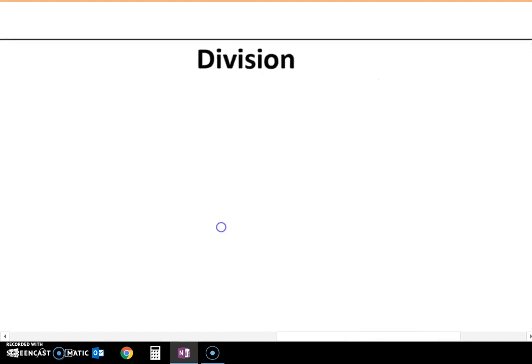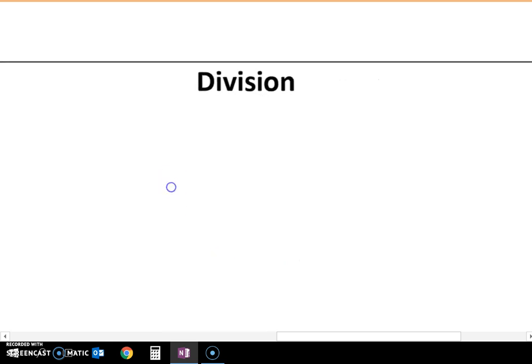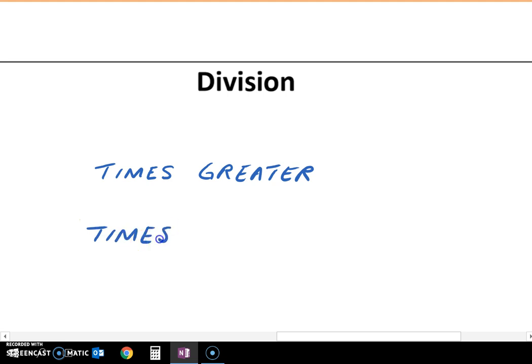Moving into our division, the two that we typically see is times greater and again, you should be taking notes in your packet along with me, and times smaller.